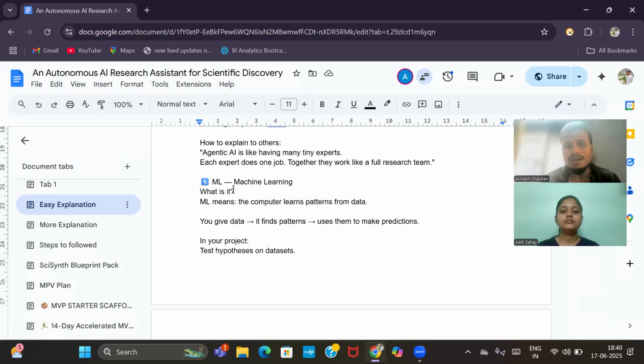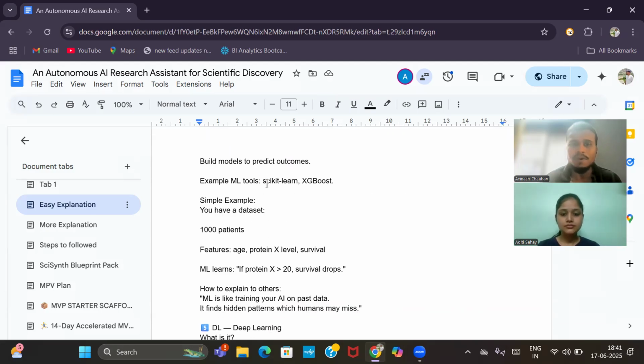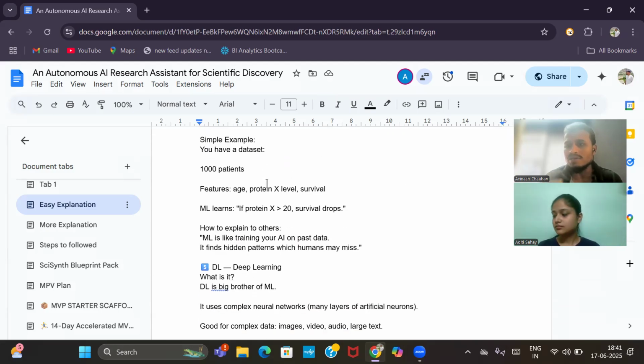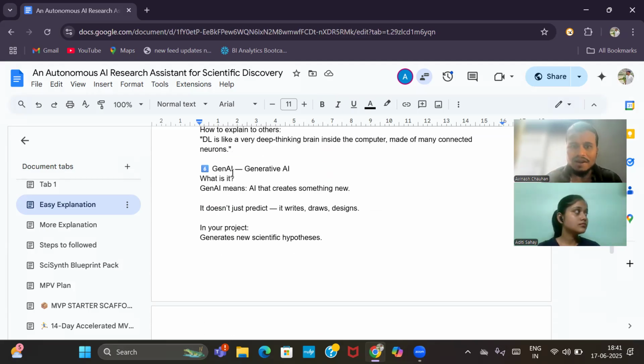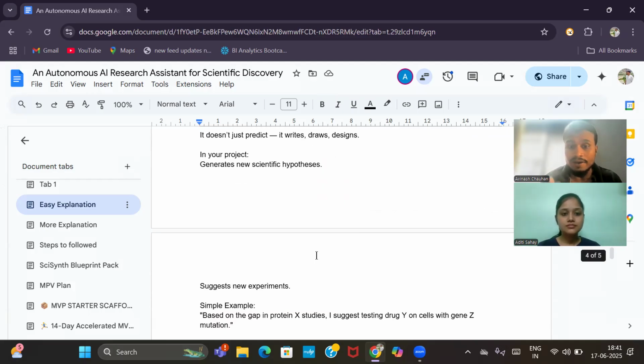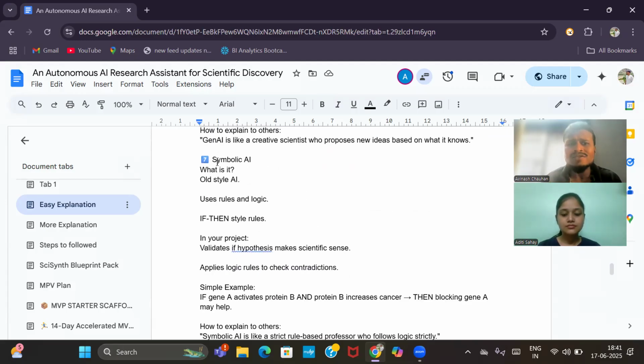Similarly, machine learning will learn the patterns from your research papers. Deep learning will assign a brain to your machine learning model. Generative AI will generate something new, some new hypothesis, if it's necessary. And symbolic AI will help us to make some rules.